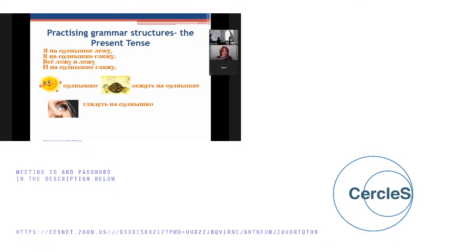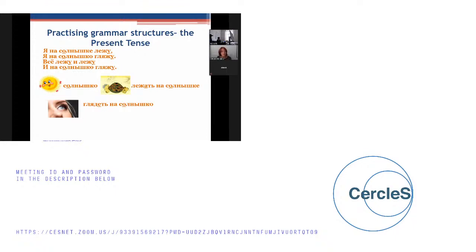Okay. Then I thought that it would be a good idea to practice grammar structures. For example, we introduce the daily activities. It goes together with present tense forms of verbs. And here I present the way that I use for students to have considerable amount of grammar practices.